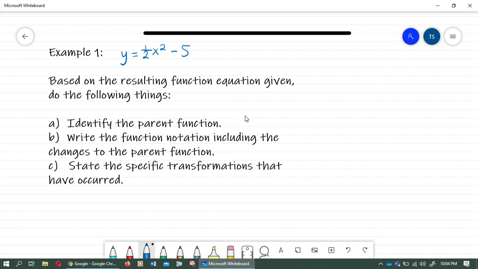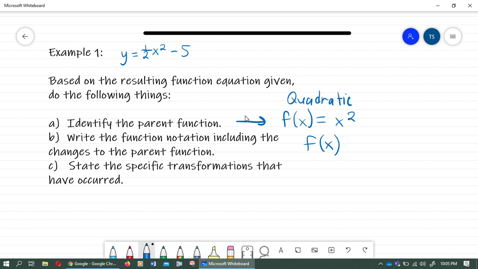All right, so the parent function here, excuse me if it seems like I'm rushing through this. The parent function here, and we'll just use f of x, is the quadratic parent function, guys. And the changes that are happening to this, there are actually no changes happening inside of the function.